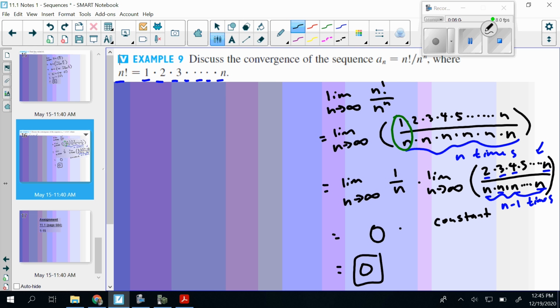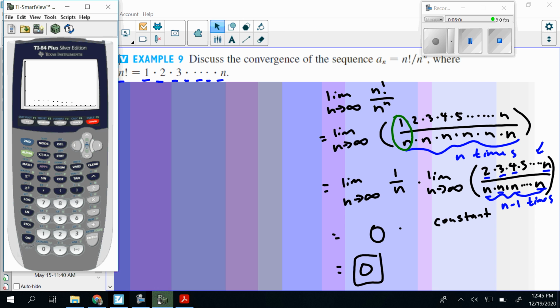I think we could also try graphing this one with your calculator. You can put in n, and then the factorial button is under math, in the probability menu, number 4. I hit the wrong thing there. Let's try that again.